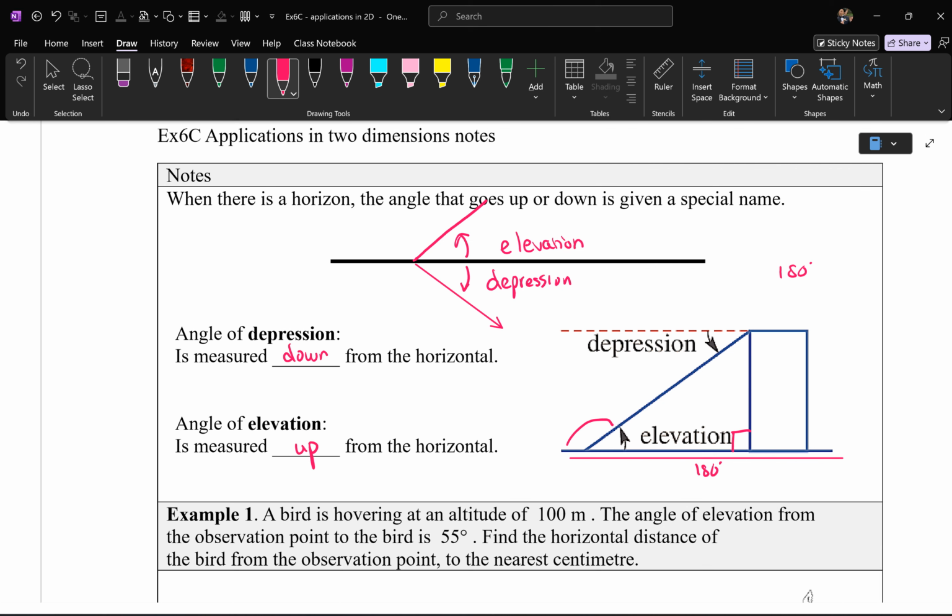So they're supplementary. And then this is a straight line, so I think there was a rule that this is equal to this and this is equal to this. Close. You're on the right track.